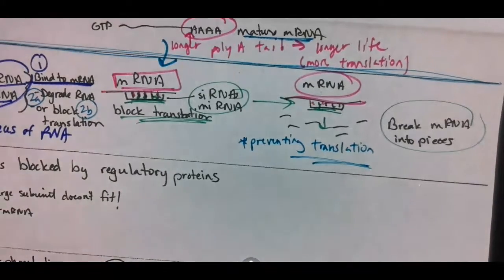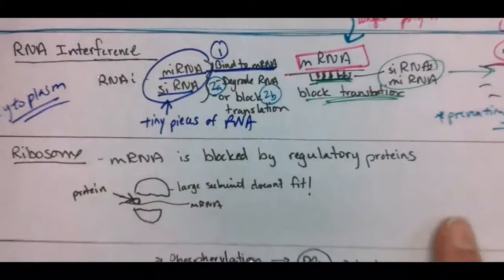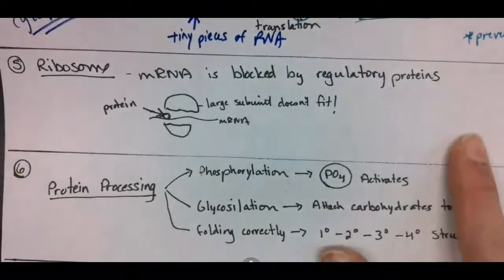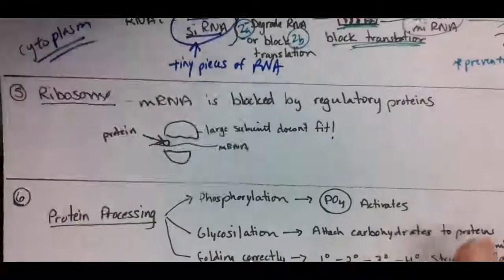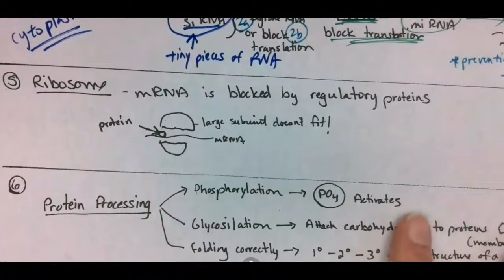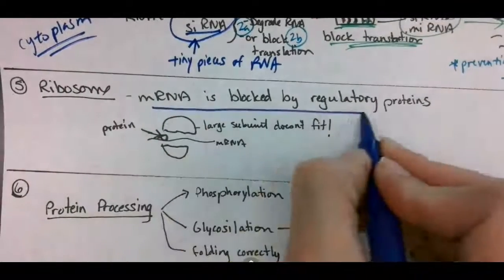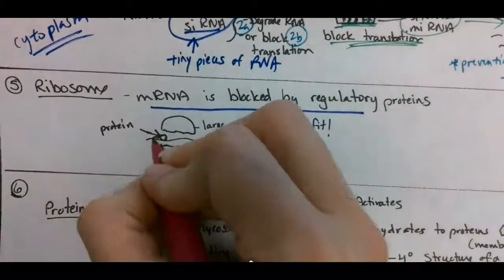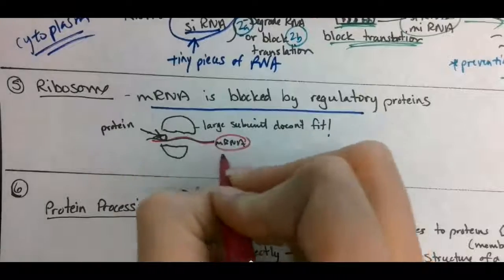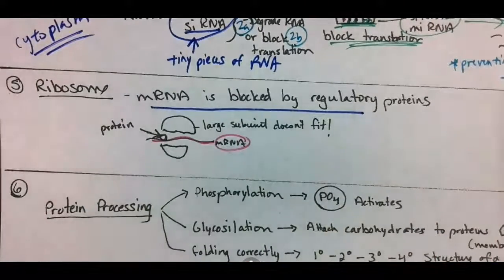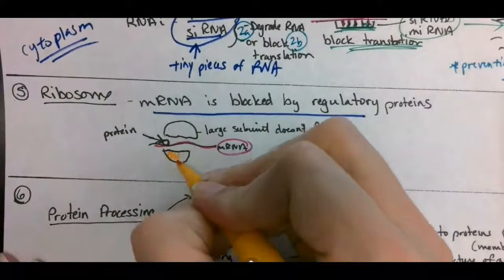The next example, and again, we're talking about things occurring in the cytoplasm or in the organelles outside of the nucleus, is ribosomal regulation. In the ribosome, mRNA can be blocked by regulatory proteins. So again, here's our mRNA, and this is supposed to be our ribosome right here.